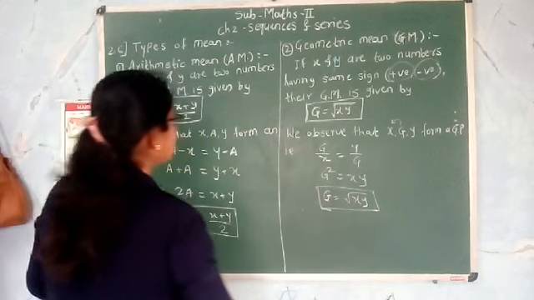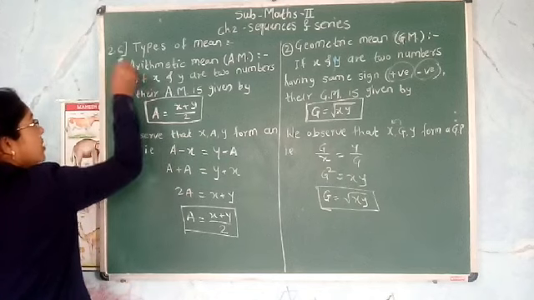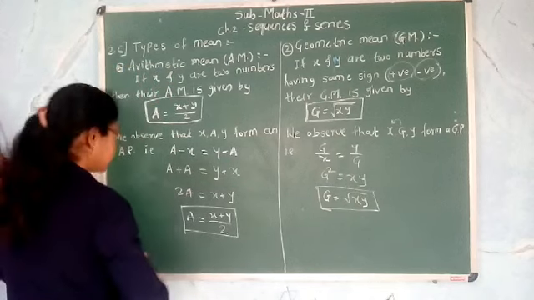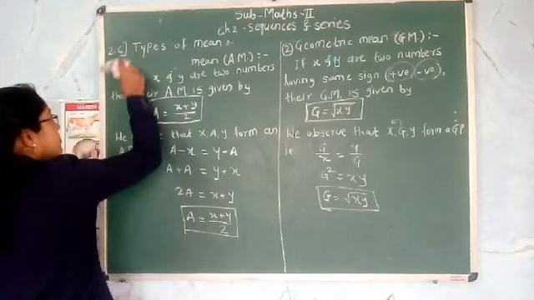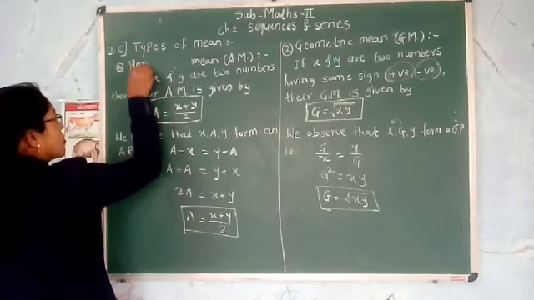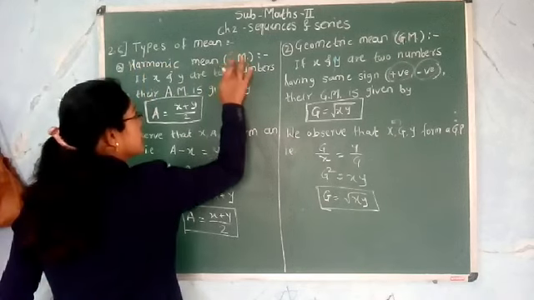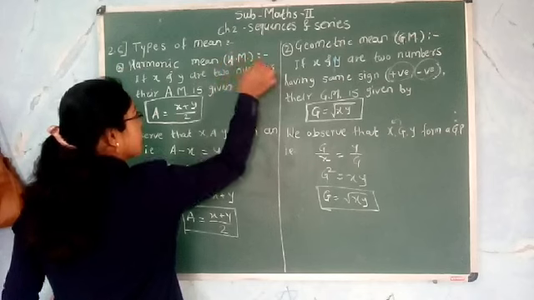Now we will see the third type, harmonic mean. Third type is harmonic mean, HM.